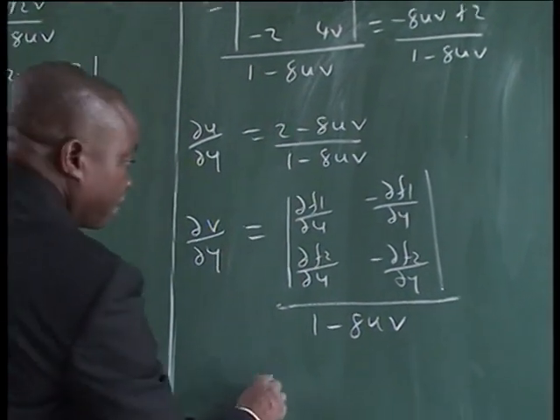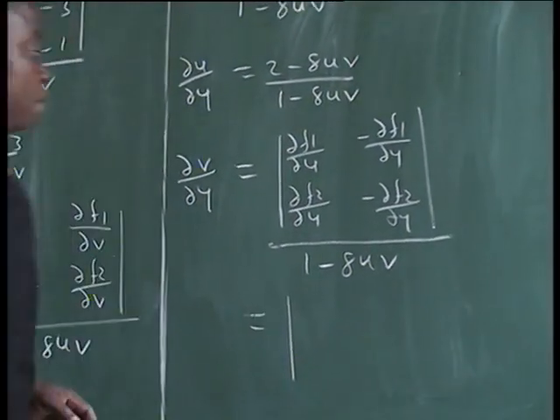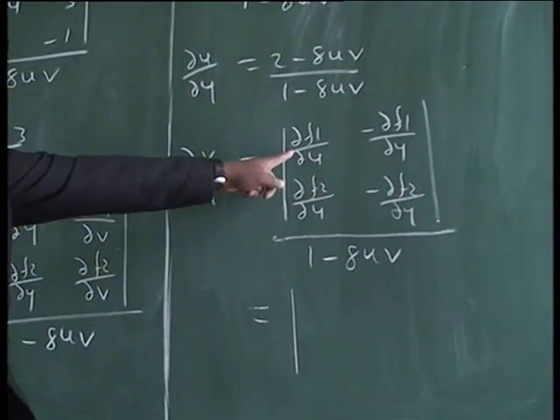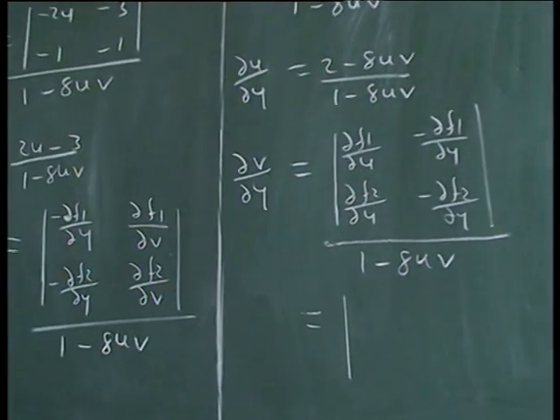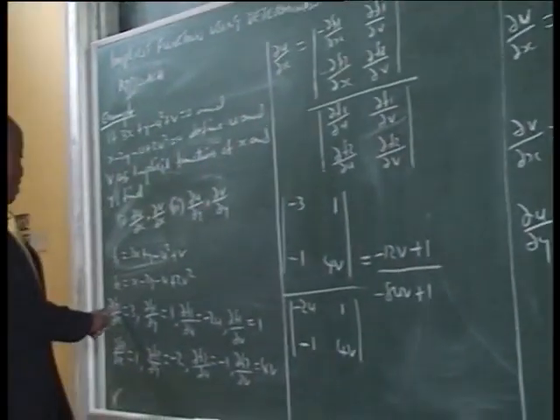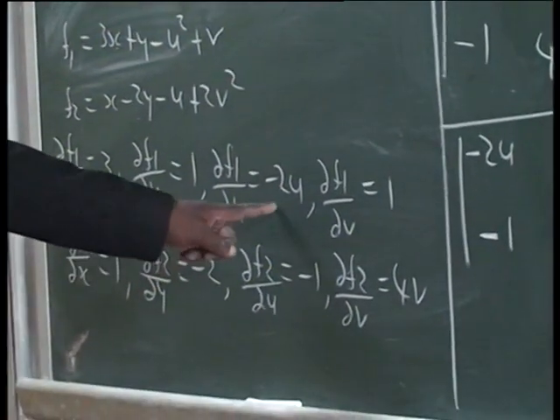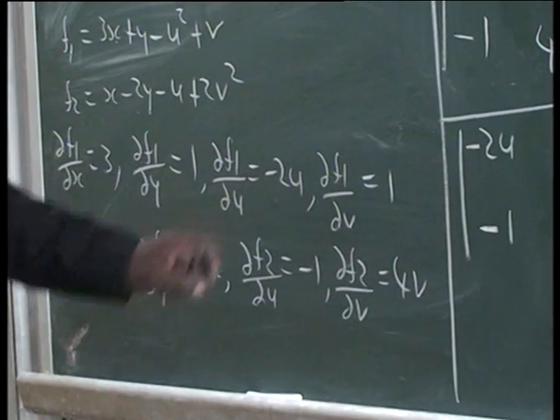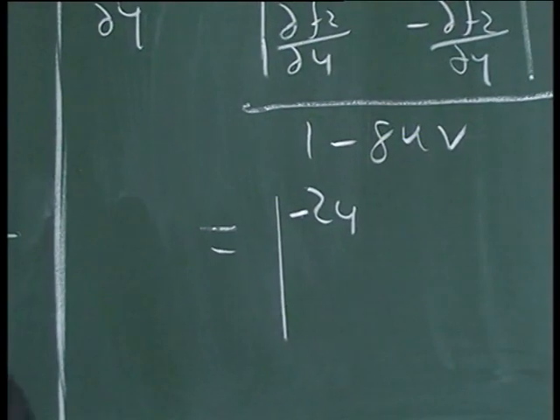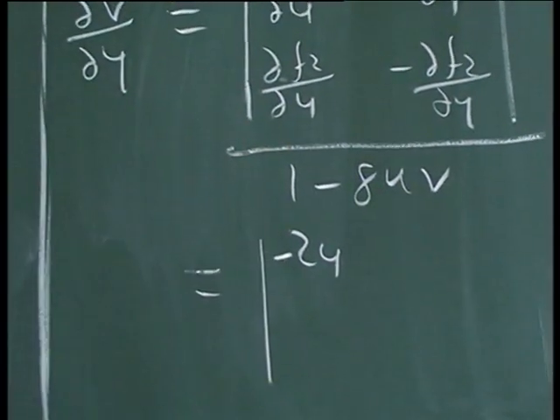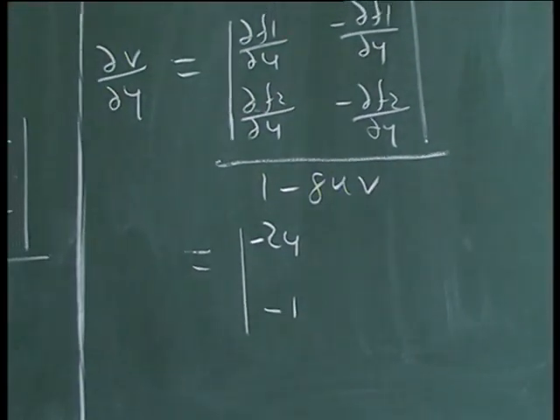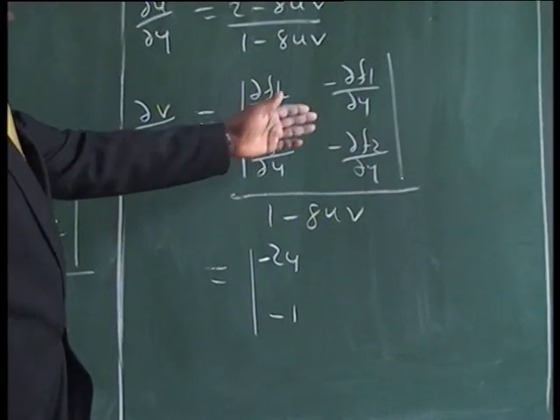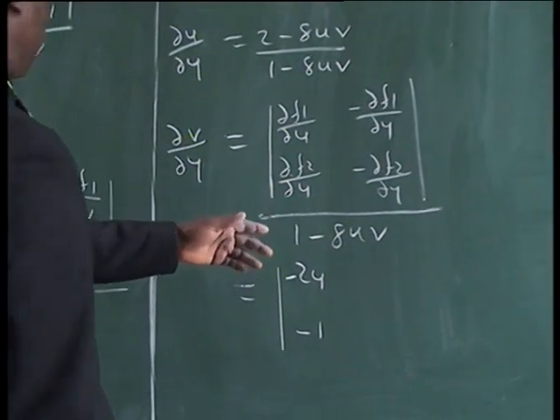So with that, partial f1 partial u, which we have already got, is minus 2u. Then partial f2 partial u is giving us minus 1.